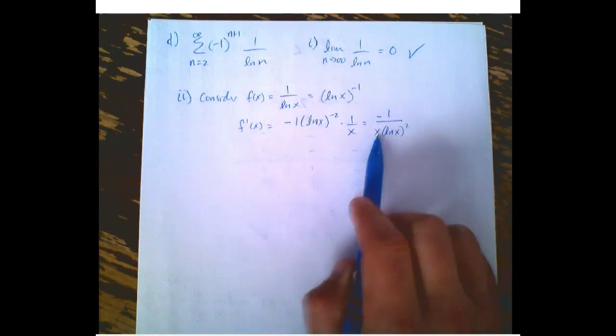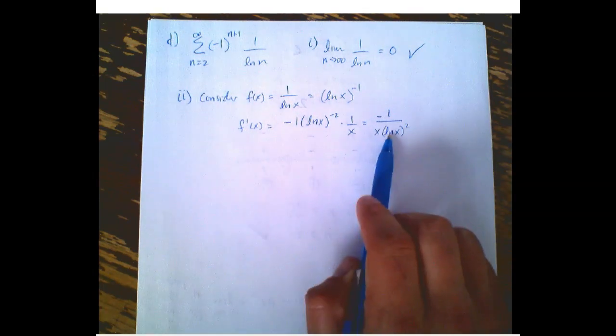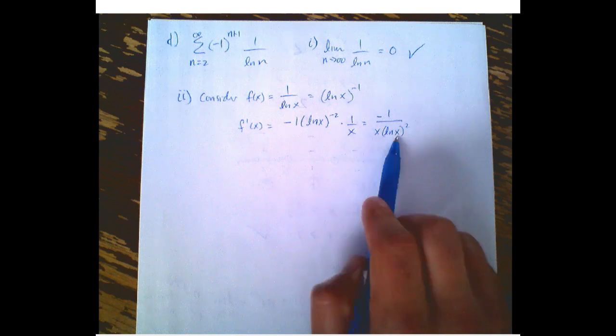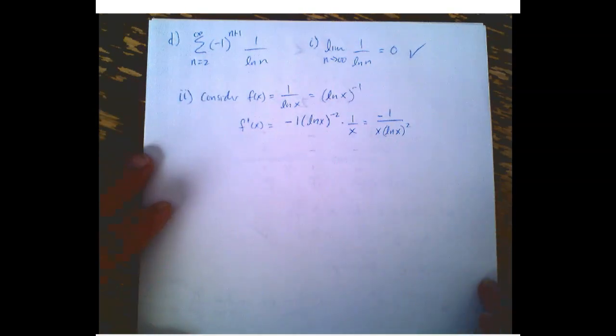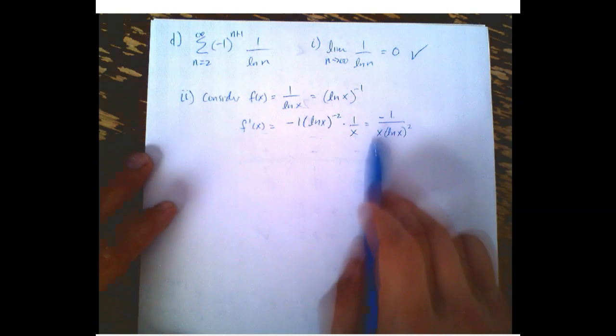So what we want to do is to figure out when this guy is decreasing, right? So when is f decreasing is when f prime is negative, right? So let's get our critical values here.